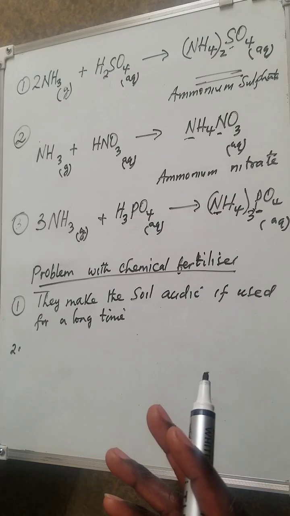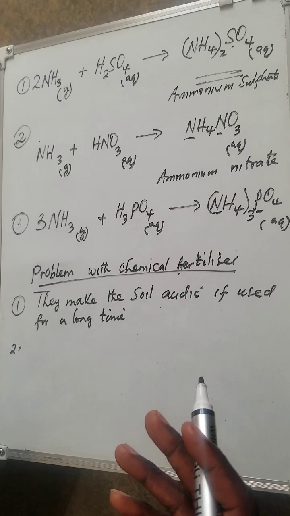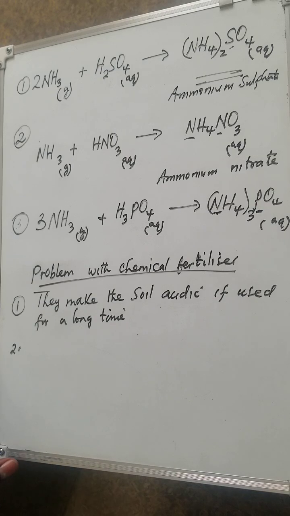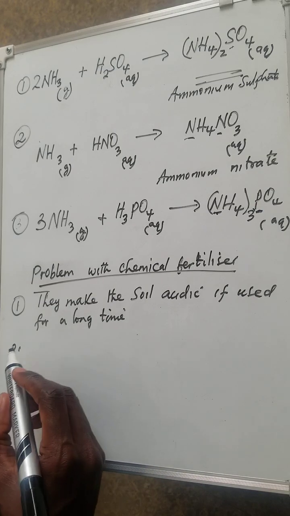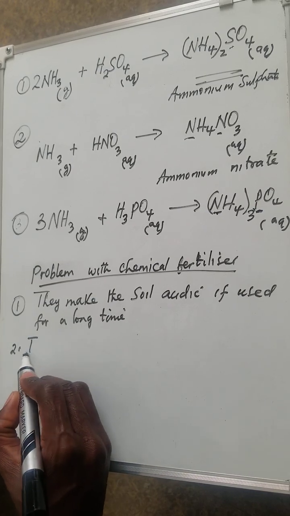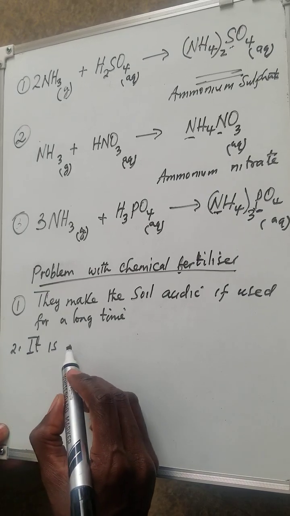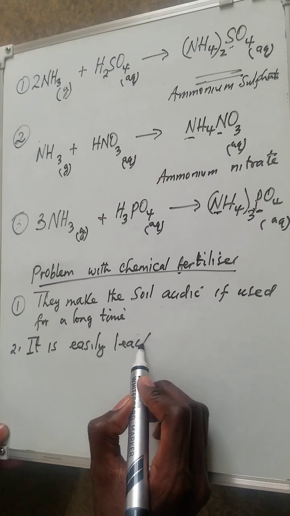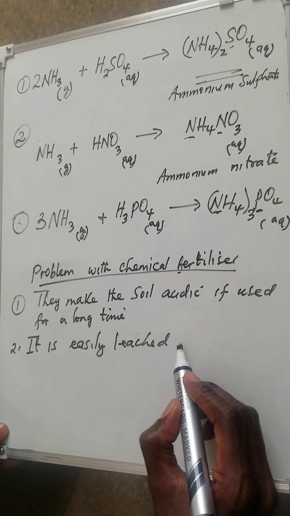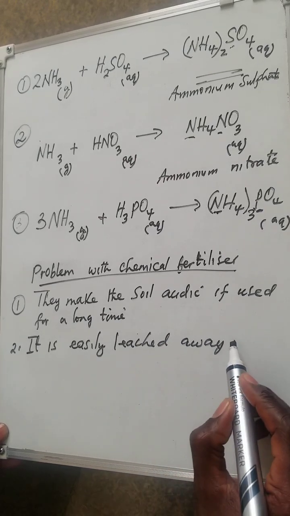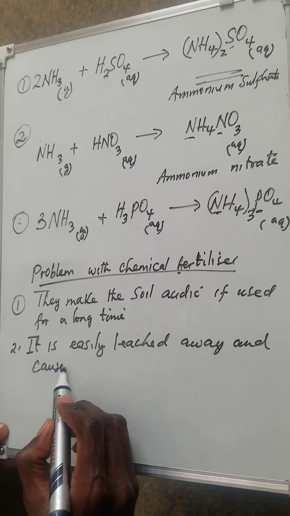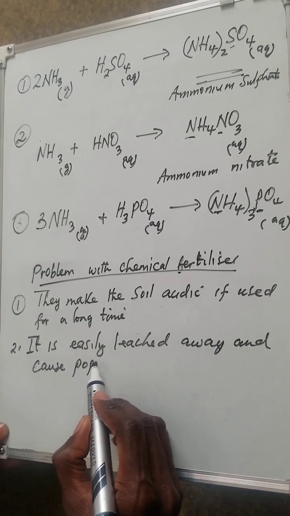It becomes a waste of the chemical fertilizer, and that may in turn cause pollution in the rivers. So it is easily leached away and causes pollution in rivers and lakes.